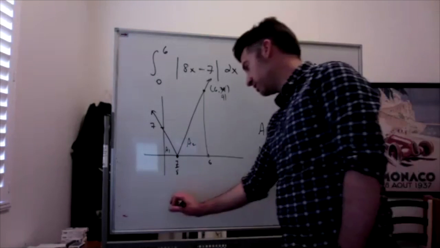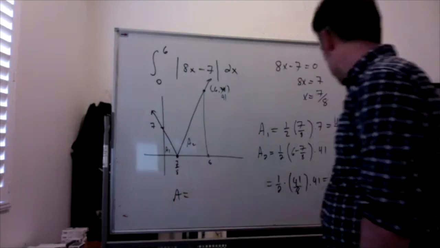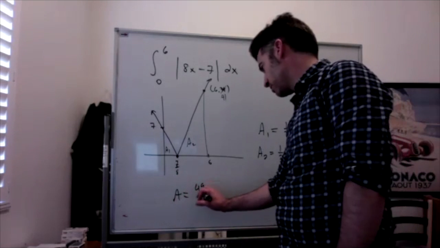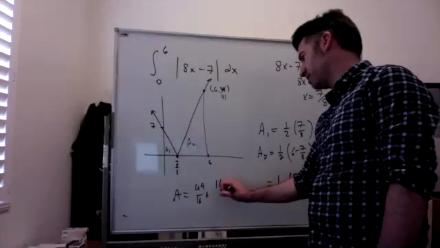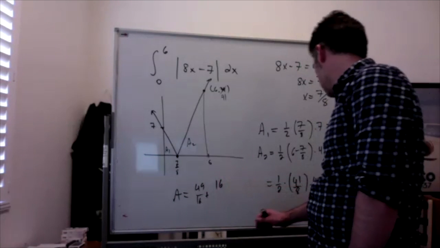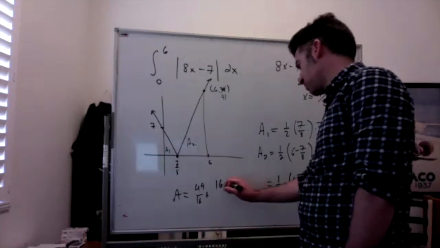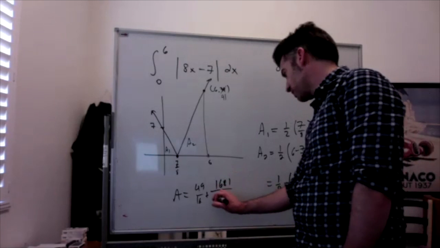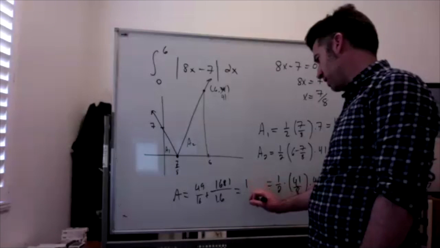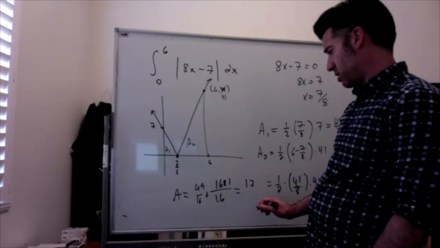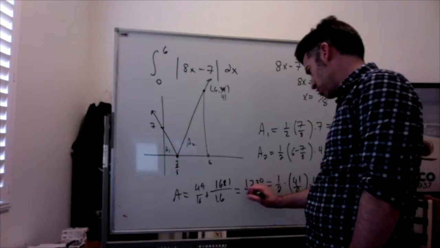So my answer is that the area is 49/16 plus 41 squared, which is 1,681, over 16. So you end up with 1,730 over 16.